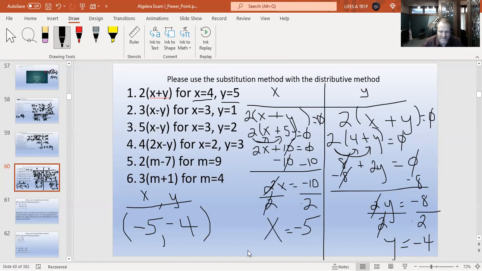I want to see exactly this on your page: solving for X, solving for Y, and then give me your ordered pairs, which are going to be for X and Y. So do number 2 and do number 3. Also do number 4 by yourself. All right, let's go to number 5.